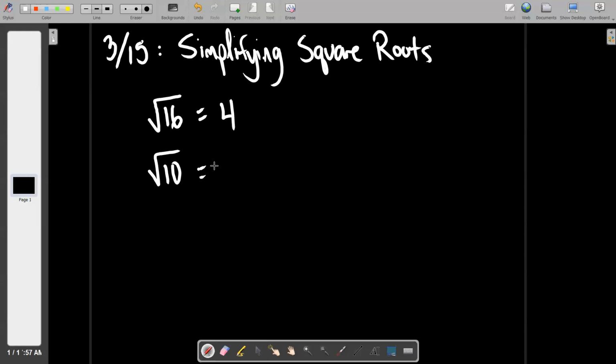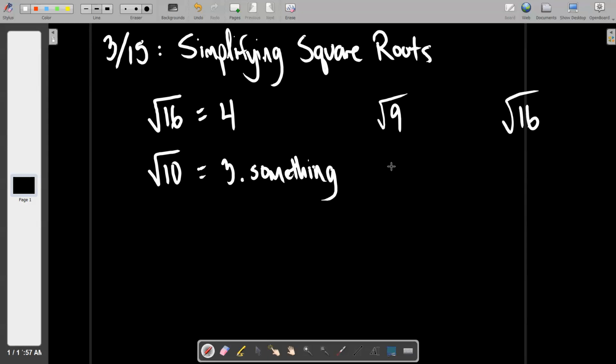So if we know that this is bigger than the square root of 9 and smaller than the square root of 16, then logically the answer has to be 3 point something. And again, you know the square root of 9 and you know the square root of 16. I assume you know what those are. And the square root of 10 is much closer to the square root of 9, right?